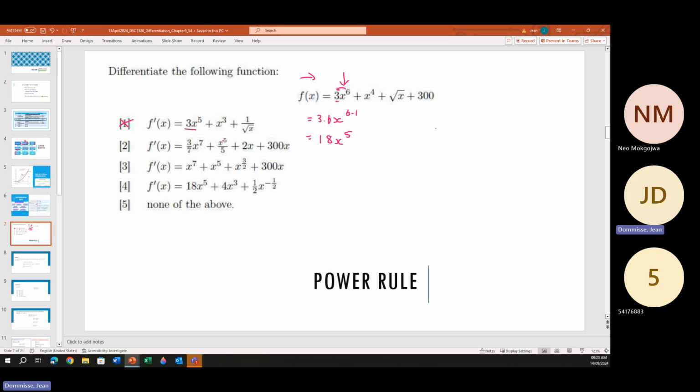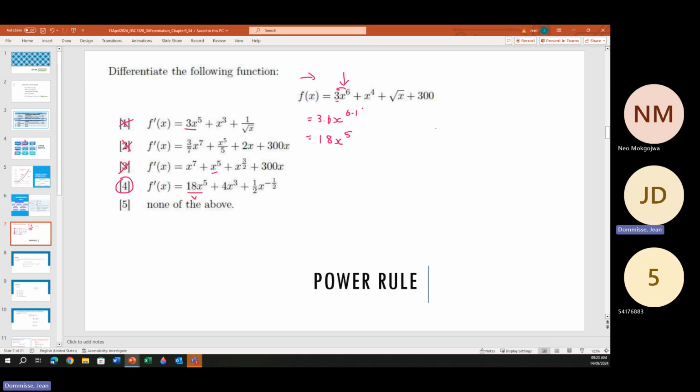There's a x to the power of 5 divided by 5. Okay, so that one is wrong. There's a x to the power of 5. Wrong. Okay, there's 18x to the power of 5, which is correct. So that will probably be my correct answer.